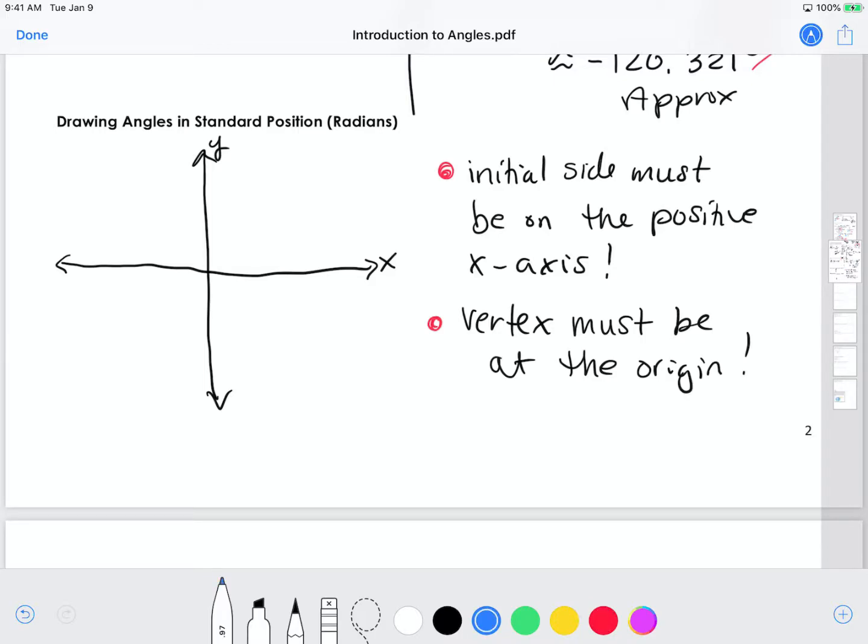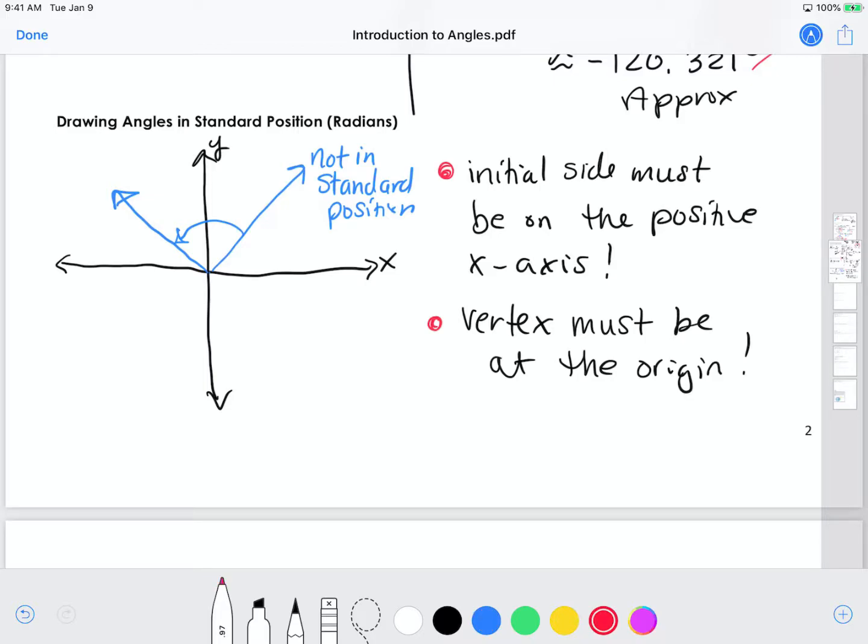So if I were to draw an angle that looks like this, where this is my initial side, and I swing open like this, and this is my terminal side, I can do that, but it's not in standard position.